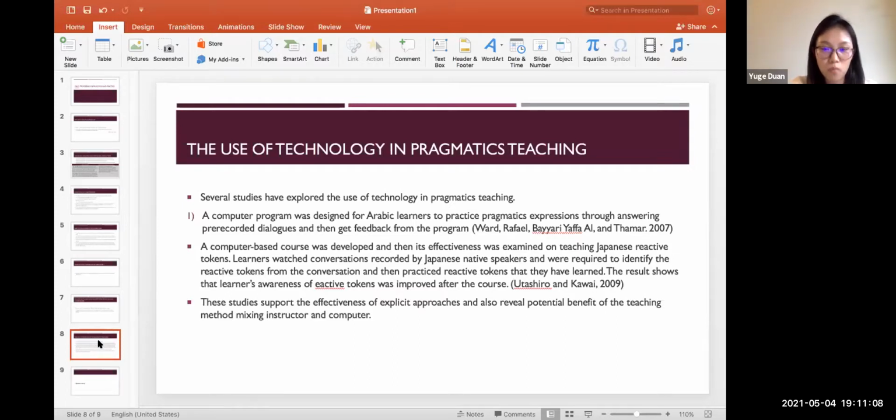For example, the first one, these researchers designed a computer program for Arabic learners to practice pragmatics expressions through answering pre-recorded dialogues, and then they get feedback from the program.